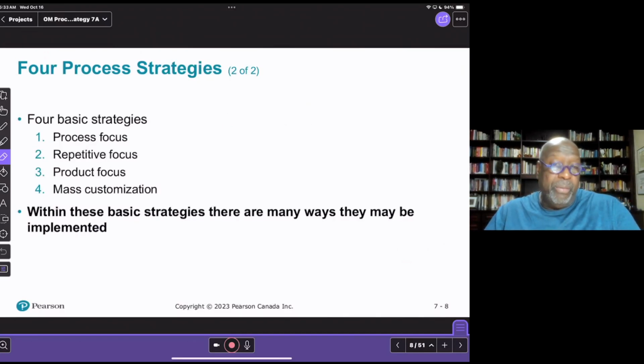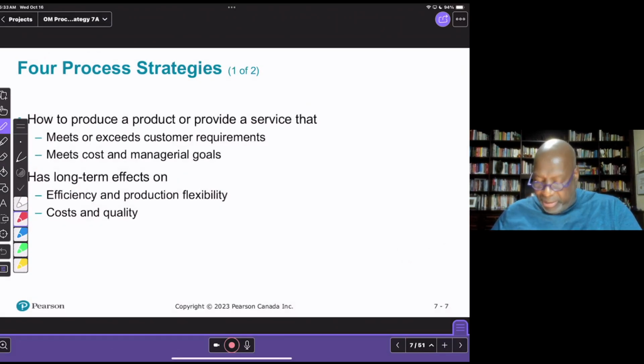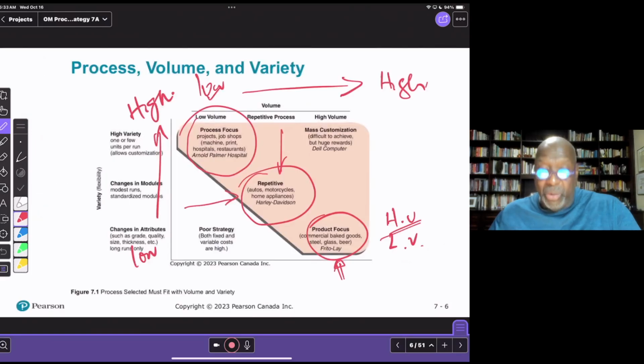So the 4 basic process strategies, and I just realized I missed one, which is this one right here. Let me just go back and talk about it, although we'll get a chance to speak about it some more. So if we look here, this is an interesting situation.